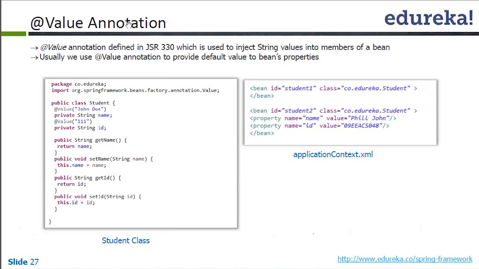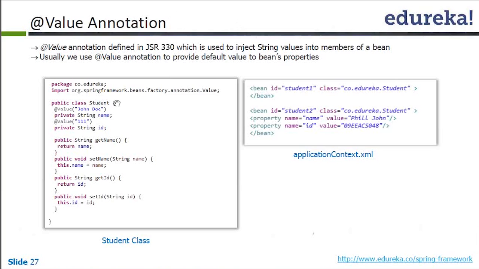Okay, the first annotation we will check is the @Value annotation. The @Value annotation is defined in JSR 330. Yesterday I also gave some hint on JSR 250 and 330, right? JSR stands for Java Specification Request, and it is used to inject string values into members of a bean. Usually we use the @Value annotation to provide default values to bean properties.